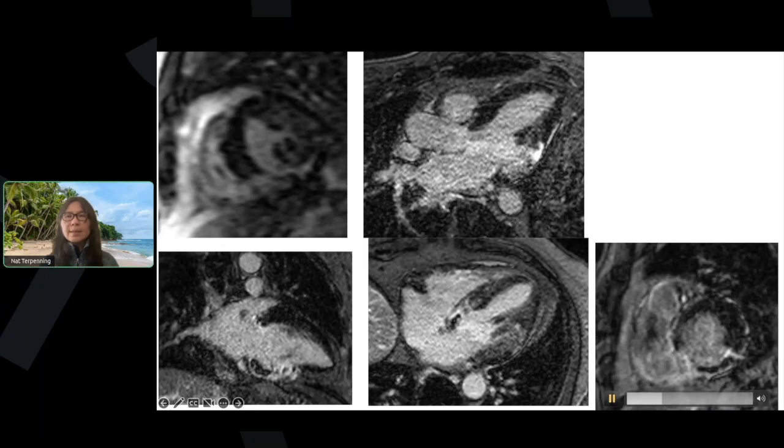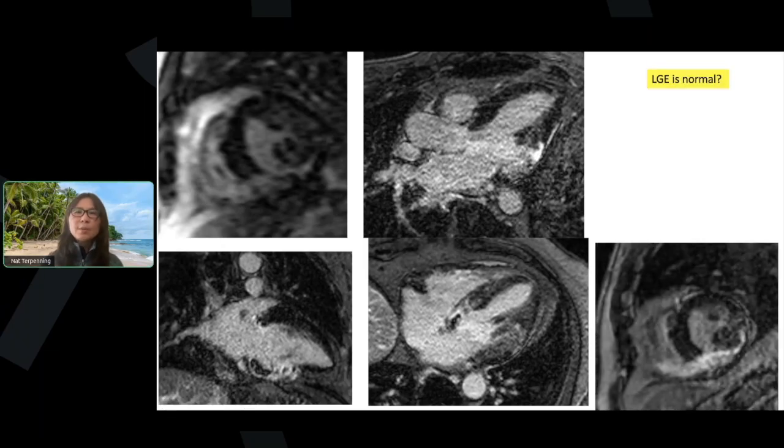Okay. The question is, is LGE normal? Everyone knows that it's not. The normal one is here, right? This one is nice and dark. You can even see something from the TI scout here, actually. And it's not normal because that area is abnormal. You also see it on the two chamber in the inferior wall, the inferior wall that we have a question with, that is hypokinesis.